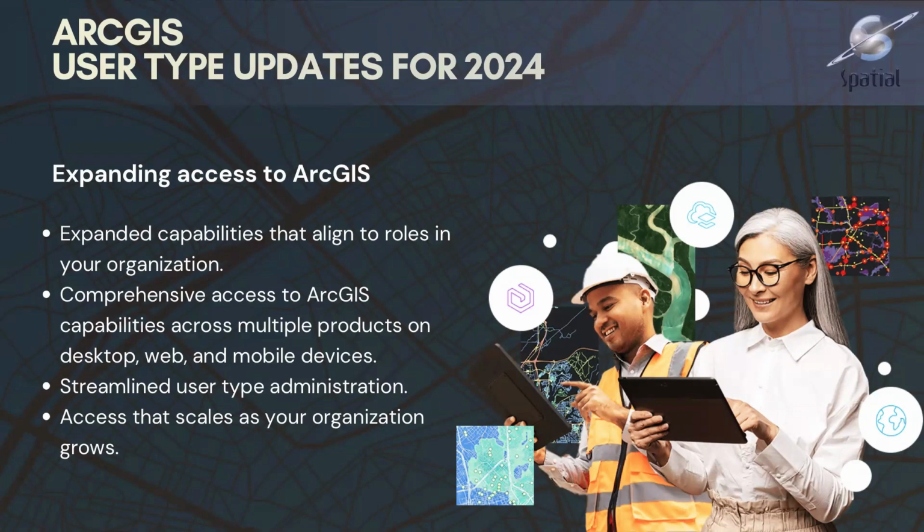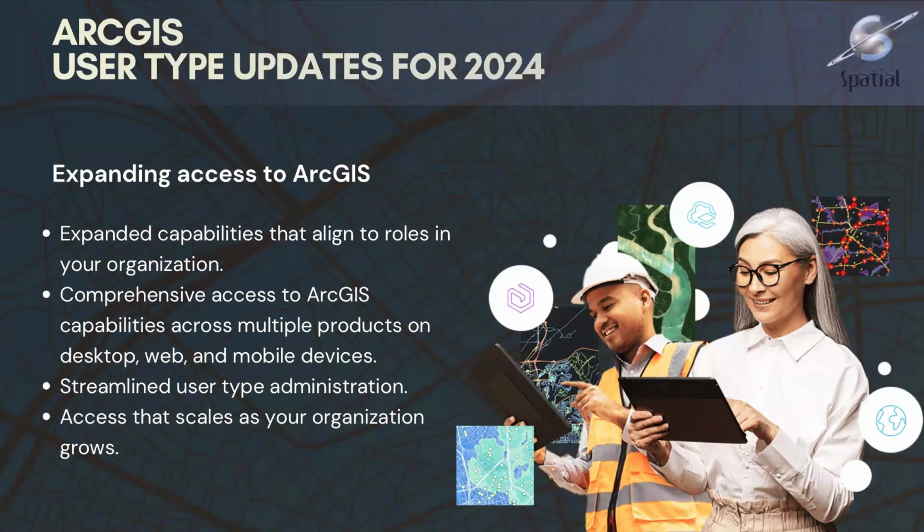We are excited to announce that the updated user types have been introduced to ArcGIS, expanding and simplifying the licensing process. Starting in June of 2024, the user type license model will use 6 role-based user types.